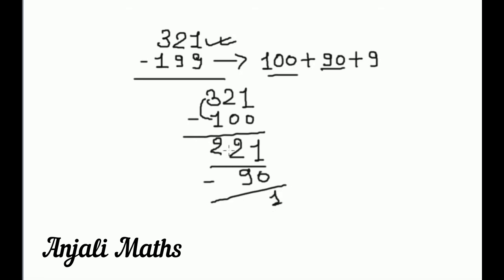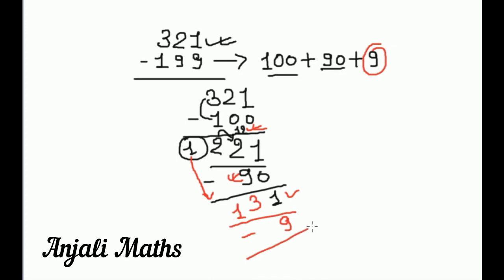Now for the 1, we will borrow 1 from here. Now this is 12 and this is 1. So 12 minus 9 is 3 and 1 is remaining, so 1. Now 9 is remaining, so we will subtract 9 from here.